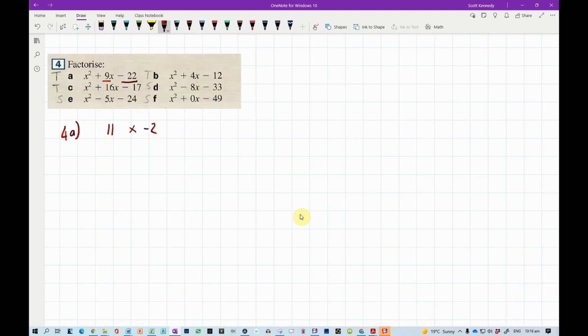That works, doesn't it? And then 11 plus negative 2, so got negative 22 there, and that equals positive 9. So that's what we want. So I'm going to go x plus 11, bracket x minus 2. And that would be the answer to 4a.